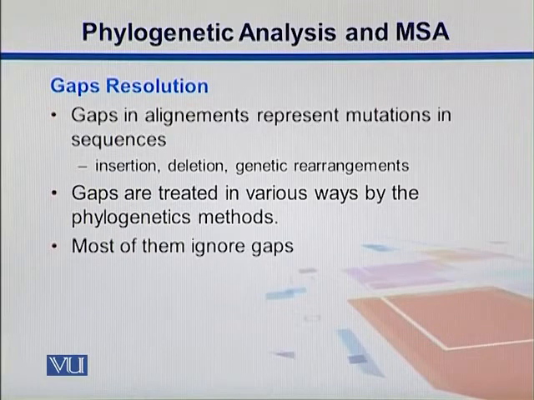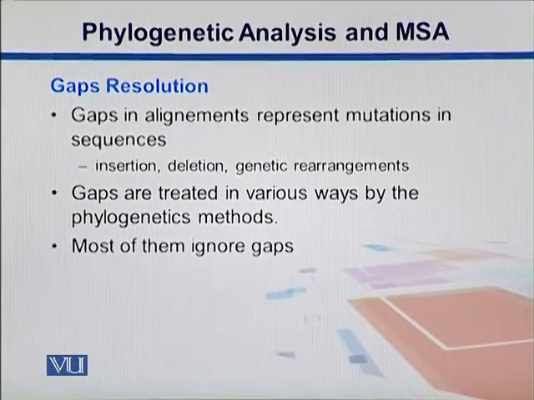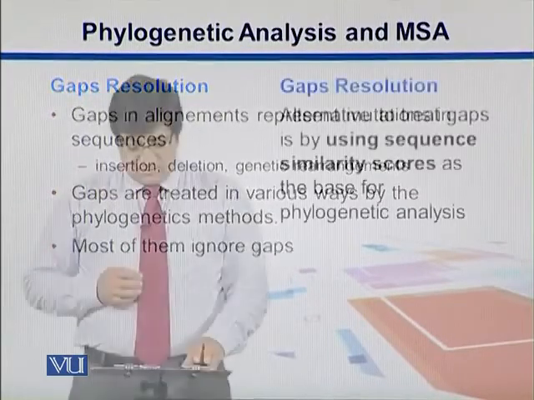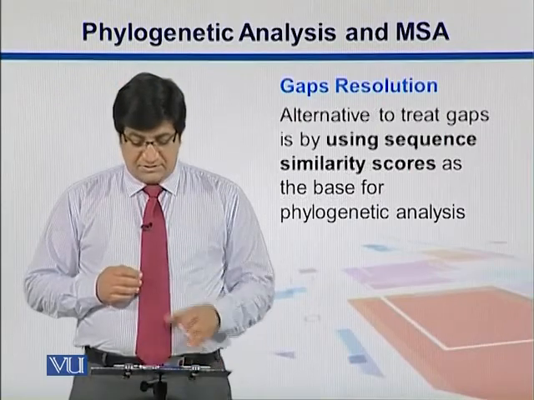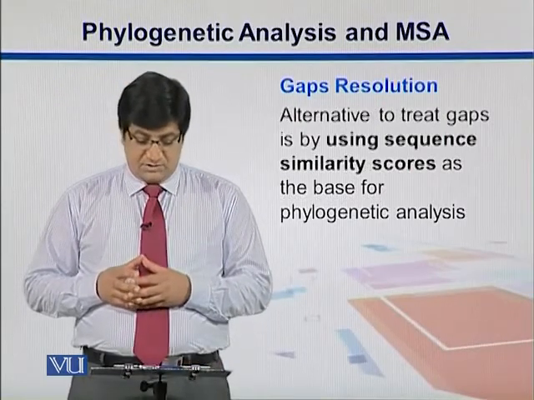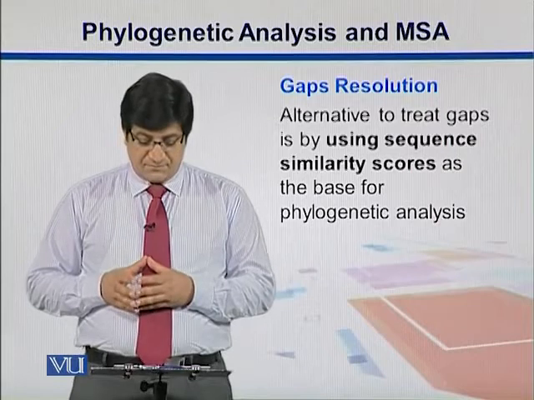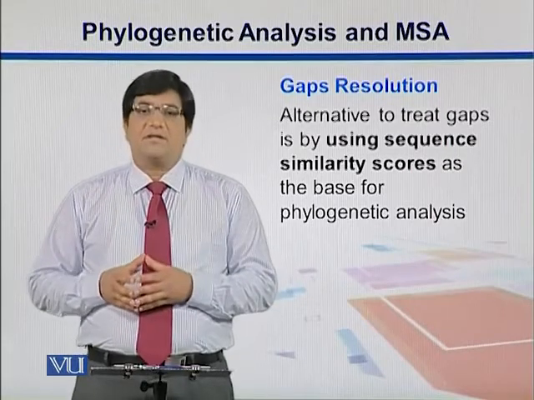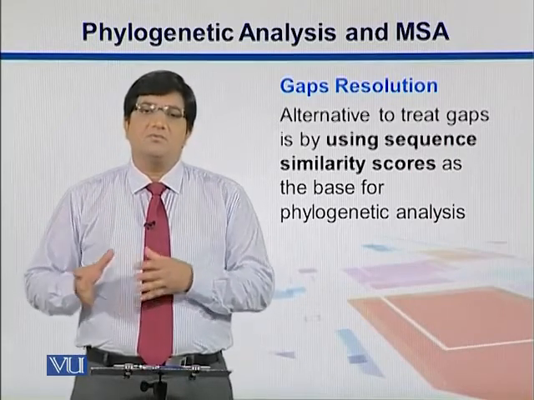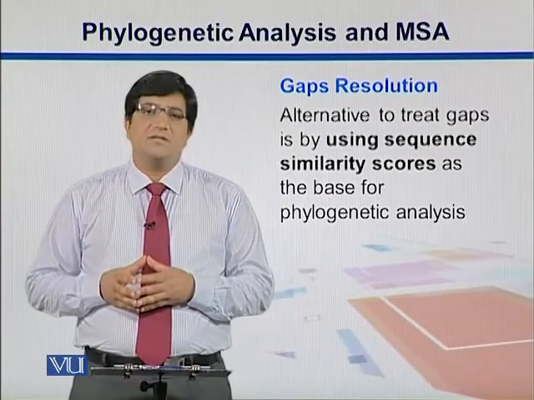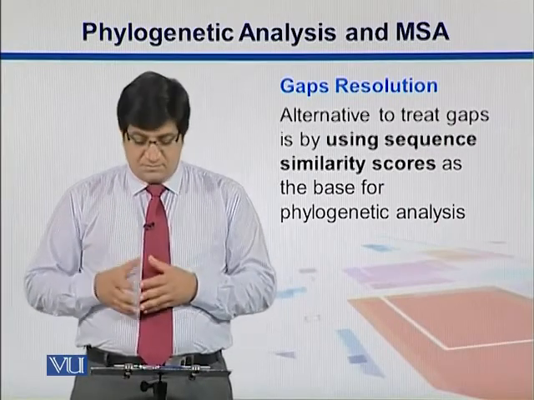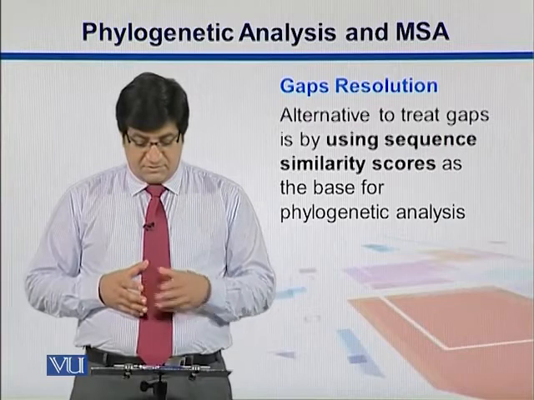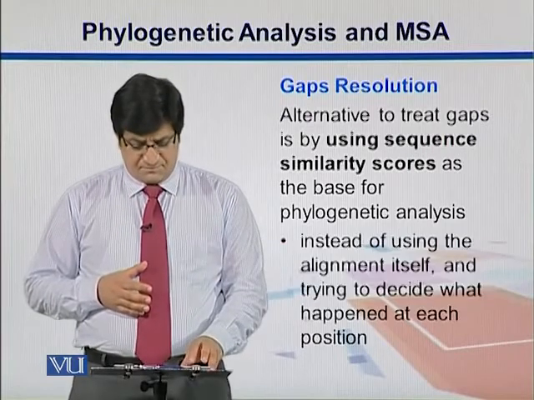In phylogenetic methods, gaps are treated in different ways, and most of these methods ignore those gaps. Another alternative to treat these gaps is by using sequence similarity scores as the base for phylogenetic analysis. So how similar are those two sequences to one another? That can also be incorporated in order to resolve these gaps.